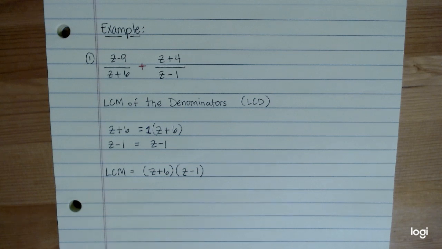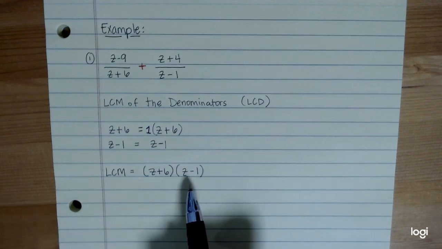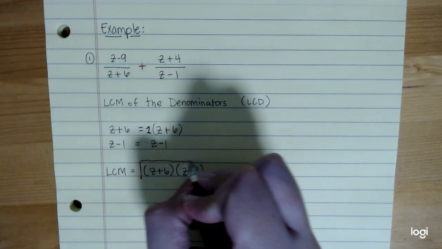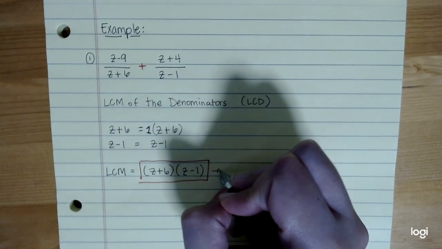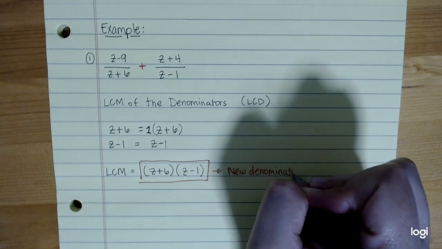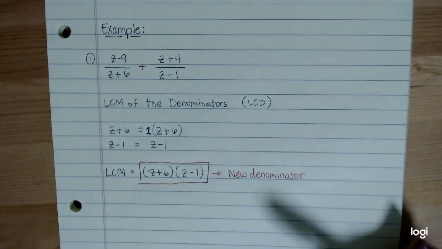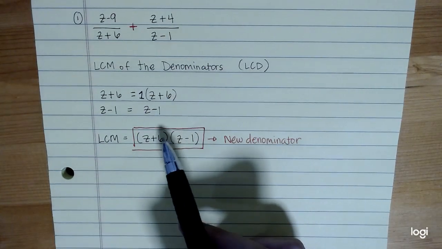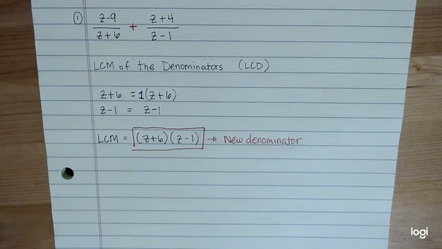We usually keep that phrase reserved for numbers, but in its completely factored form, there's 1 factor of z minus 1. So we include 1 factor of z minus 1 in the LCM. So this is going to be our new denominator. This is the denominator we want to create in our rational expression. So we want a z plus 6 times a z minus 1.